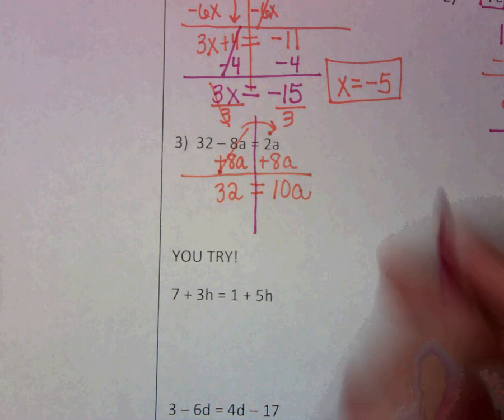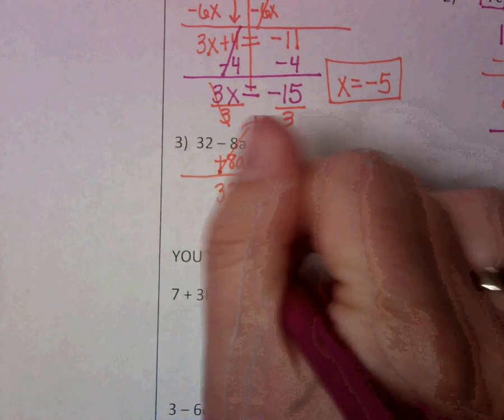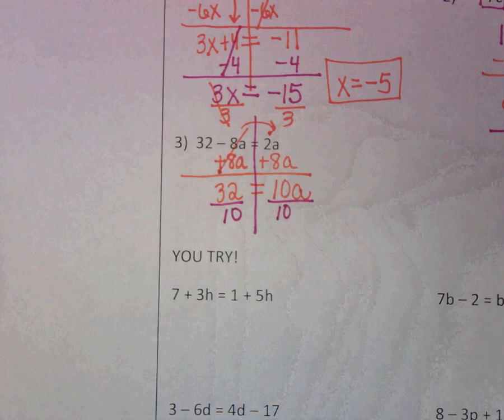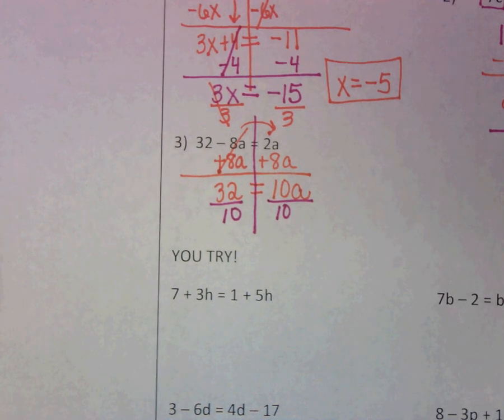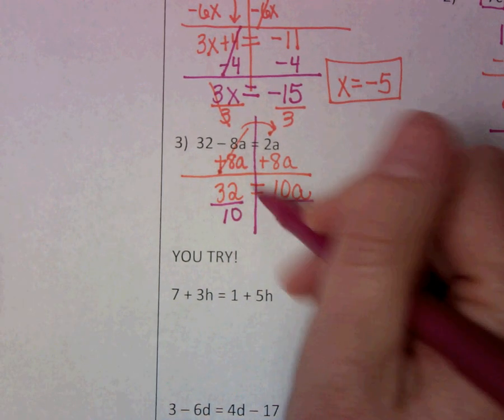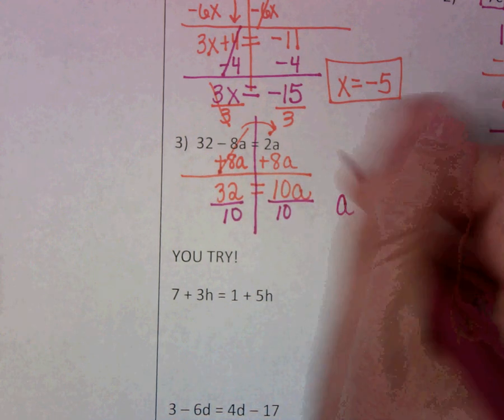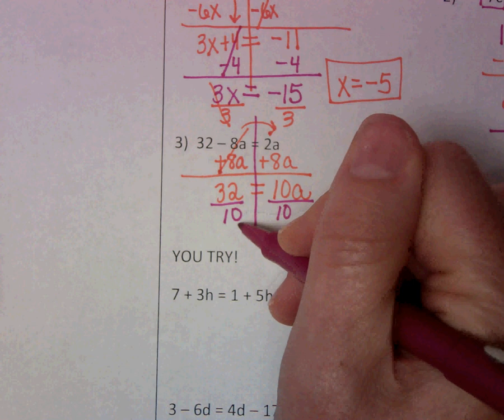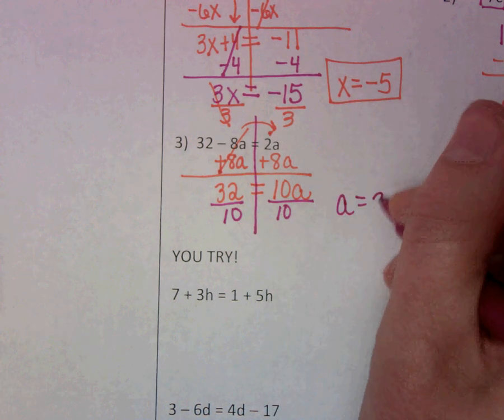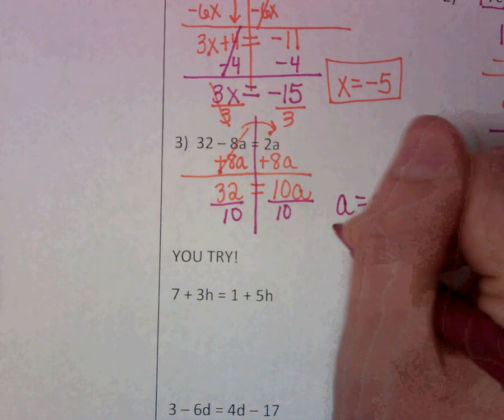And then our last step would be to divide by 10. Okay, so again, you may be kind of freaked out a little bit by that, but you have your calculators to help you with it. Type it into your calculator, 32 divided by 10, hit Control Enter, and you should get 3.2.